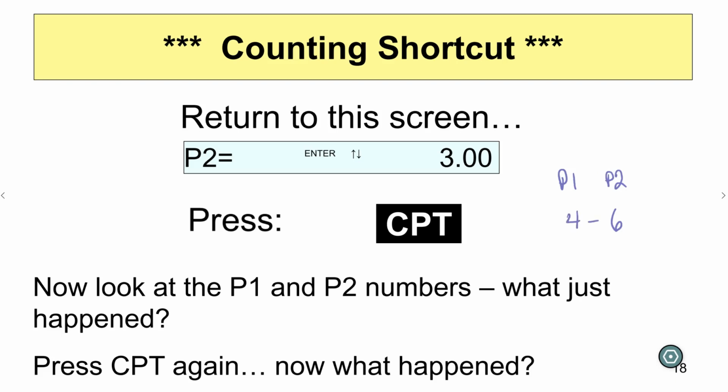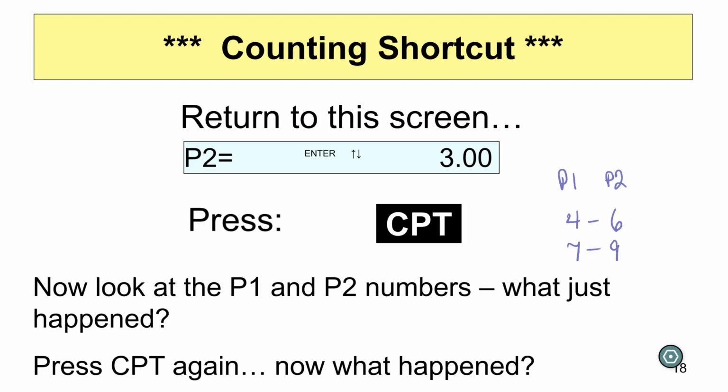Because it was 1 to 3, it jumps from 3 to 4 and then 4 to 6. So it's going to keep the same distance between your payments. You had a distance of 3, so it's going to do the same thing. If you push compute again, then it will say 7 to 9, and you can scroll to look at that.